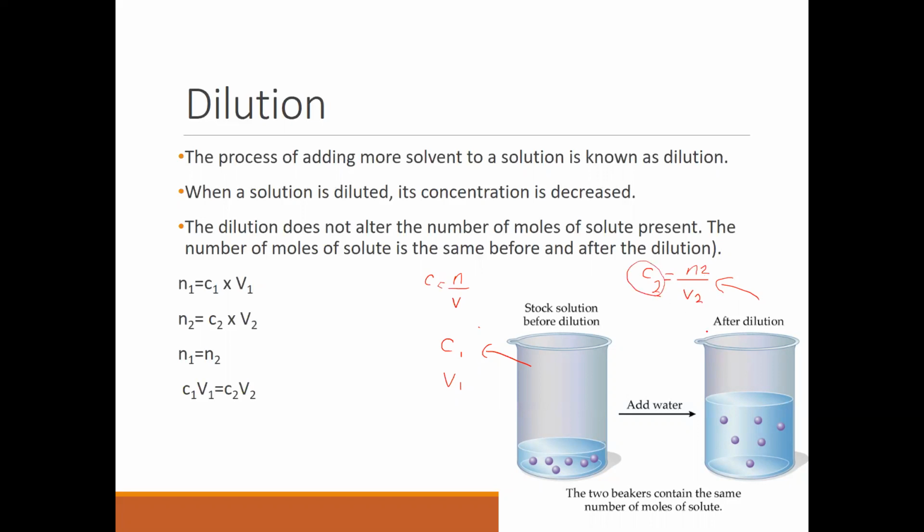C2 is the new concentration, V2 is the volume of this solution plus the volume of water, but N2, the number of moles of solute, is still the same as N1. So N1 is C1 times V1, N2 is C2 times V2. If these two are equal, easily we can say C1V1 equals C2V2, and we can use this formula to find the new concentration of the solution.